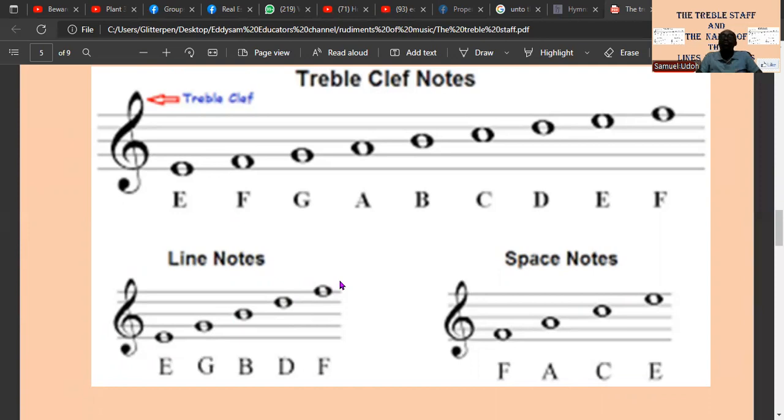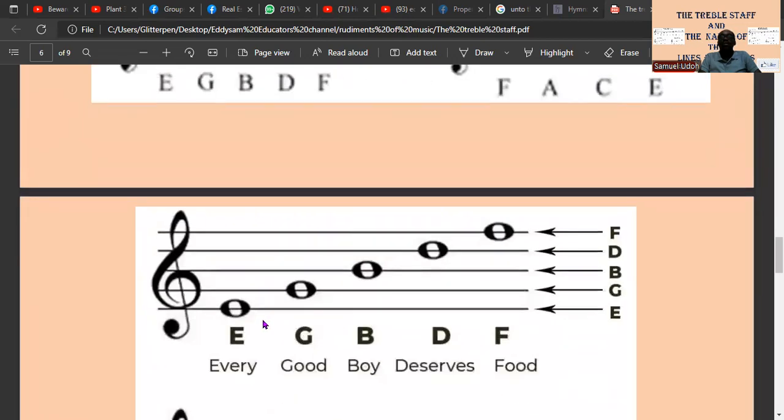Is there a simple method we can use to remember the names of these lines easily? Yes, there is. We can form some mnemonics with this alphabet E, G, B, D, F. 1, 2, 3, 4, 5. So how do we do that?